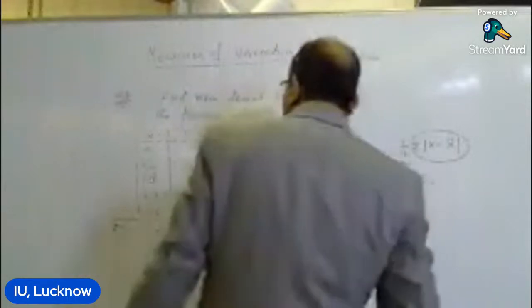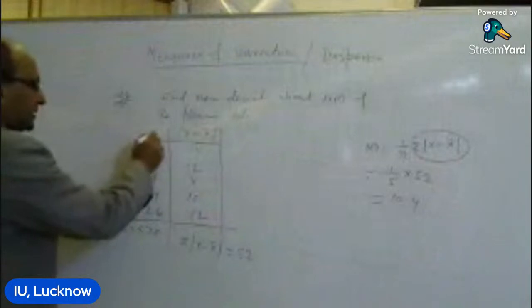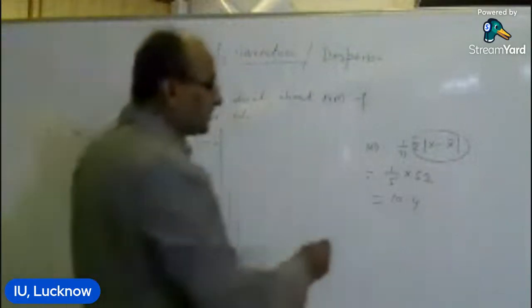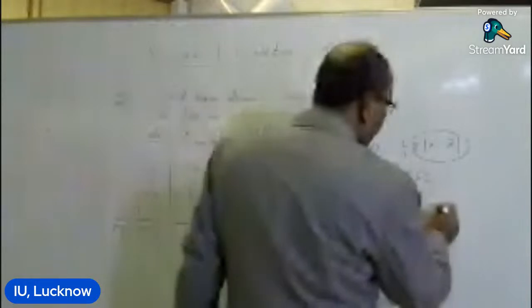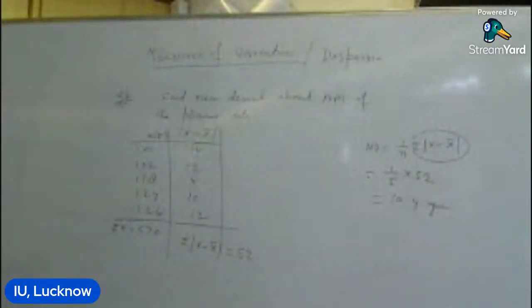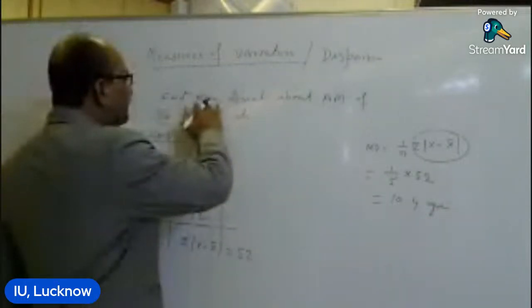Suppose the variable x is given in grams, so this is 10.4 grams.